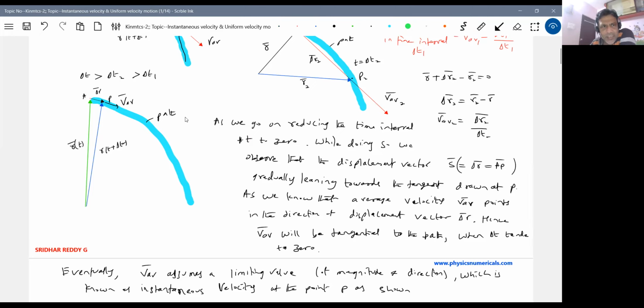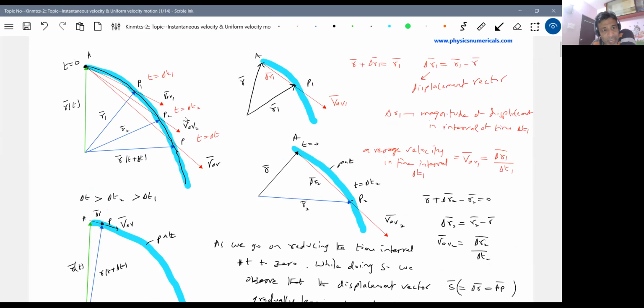What all I just discussed: initially t equals 0, particle is here. After some time t it will be here. So you can ask questions, sir, why delta R bar will be like this? Already I explained. As you keep on decreasing the delta t interval, the V average at one instant for a small interval will be along the path. Then what is the delta t value?